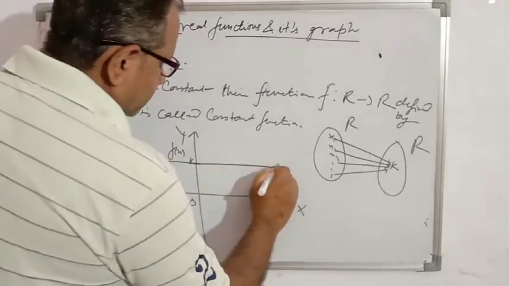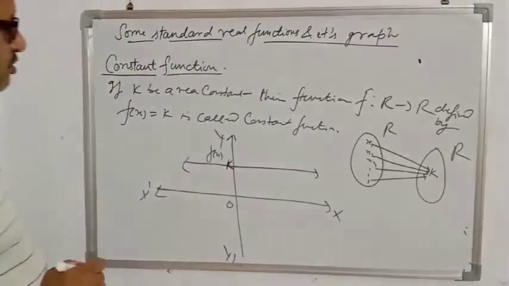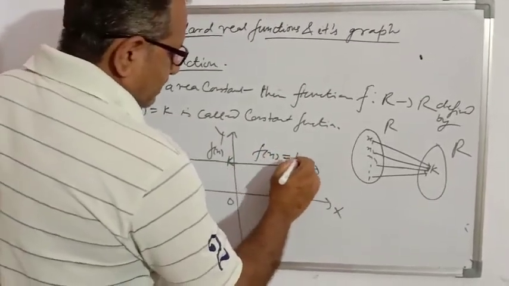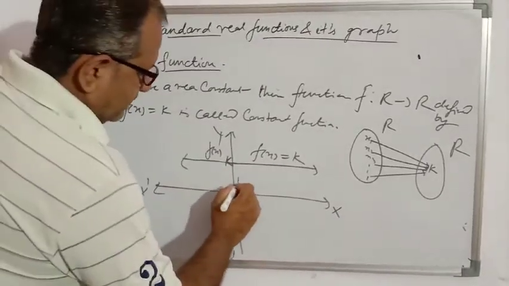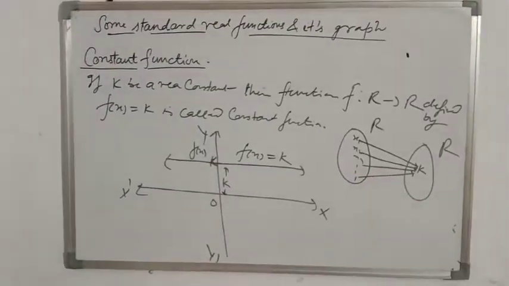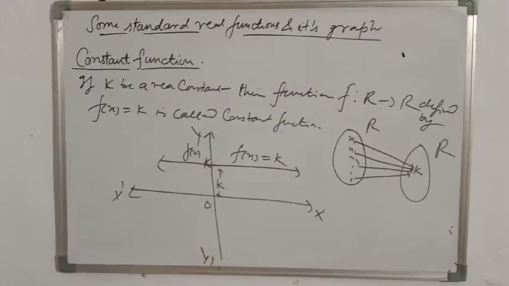So it is a line parallel to the x-axis. The graph of f(x) = k is a line parallel to the x-axis at a distance of k units from the origin.